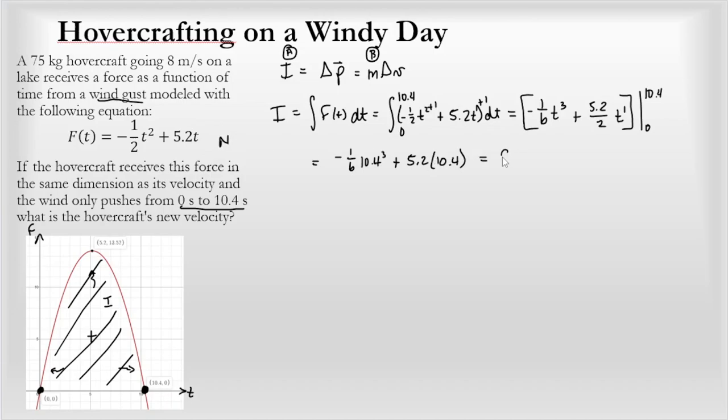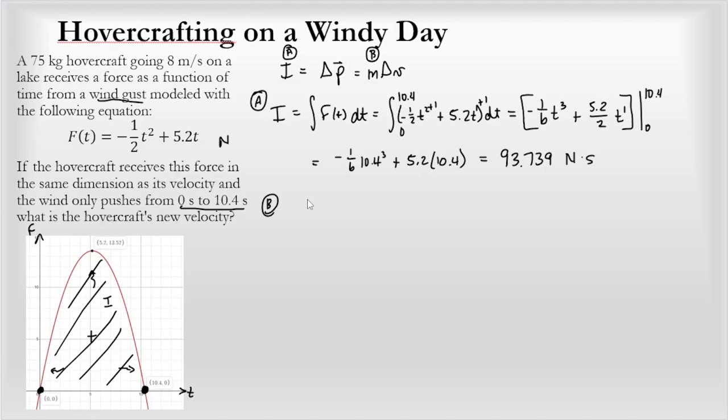And so we get 93.739, sort of a palindrome of a number there, newtons times seconds. Okay, so not too bad. This was an easier integral. You can see, of course, how integrals could get harder. If you're in calculus, integrals get harder, but we're just doing a nice little wind gust here with a nice model of a parabola. Nice things is where we start you with integrals in physics.